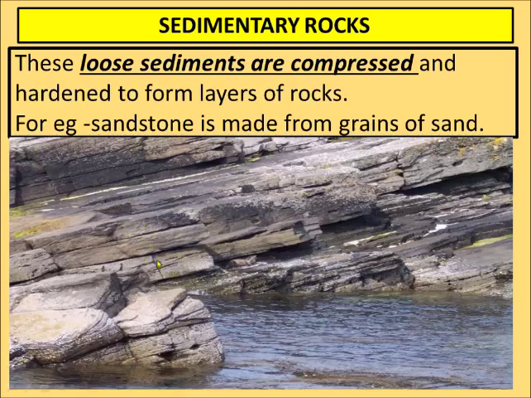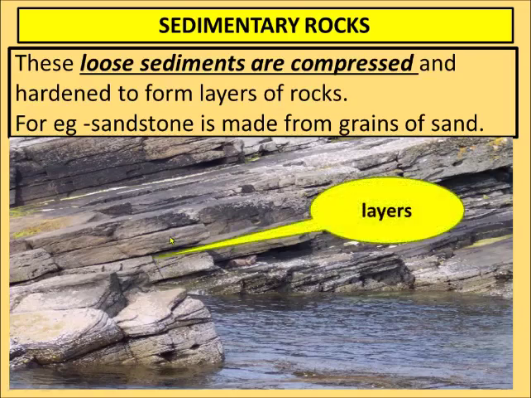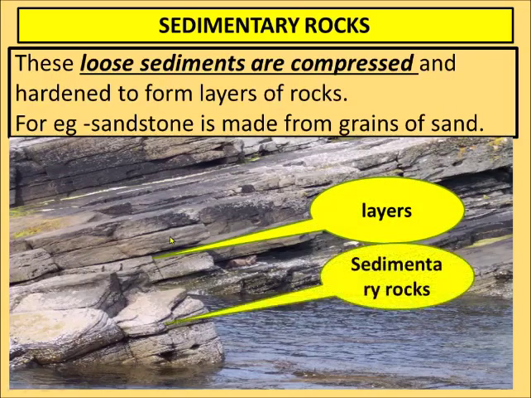What are these layers known as? Sediments. And such rocks are known as sedimentary rocks. So remember, sedimentary rocks will always have layers in them. An example is sandstone, which is made from grains of sand.